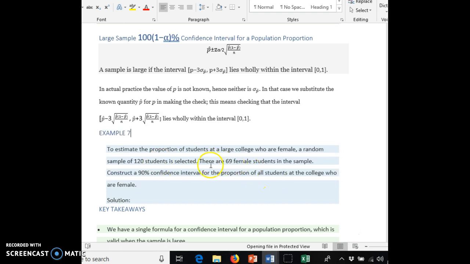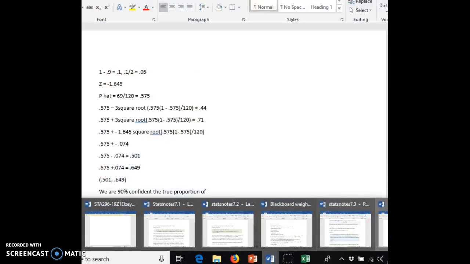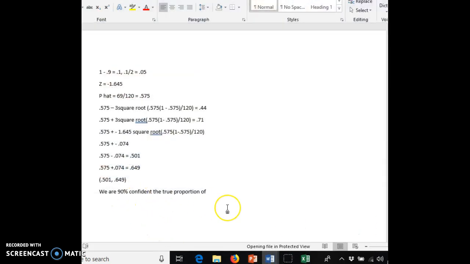In this case, we're looking at the students who are female, so we want to write, we are 90% confident the true proportion of female students at this particular college is between 0.501 and 0.649.